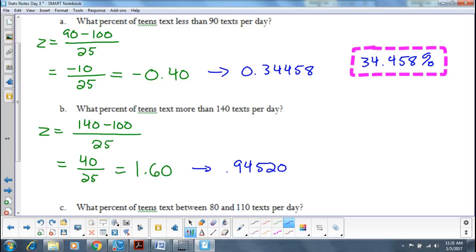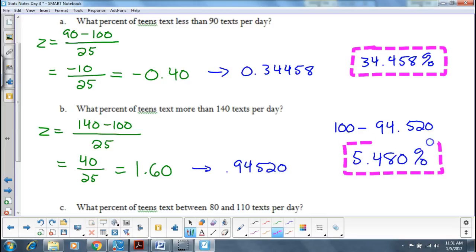So I'm going to have to take 100 minus 94.520%, and that gives me 5.48% of people text more than 140 texts per day.